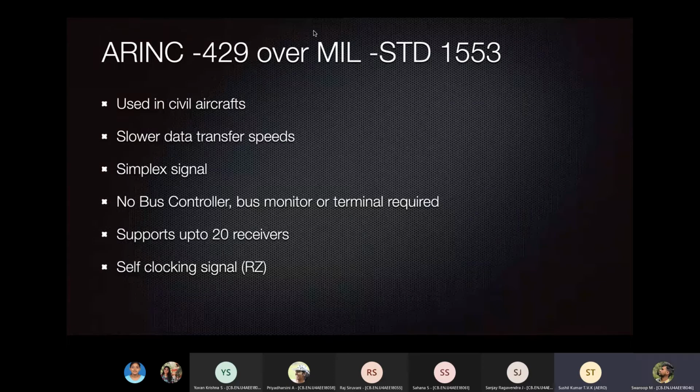If there is no bus controller, then there might be conflict, no? More than one LRU, one box, can start dumping their data. So how is that avoided? No, sir, the data comes from only one device, but it's transmitted to multiple devices. There's one transmitter and 20 receivers, and based on the data type, we group the receivers.